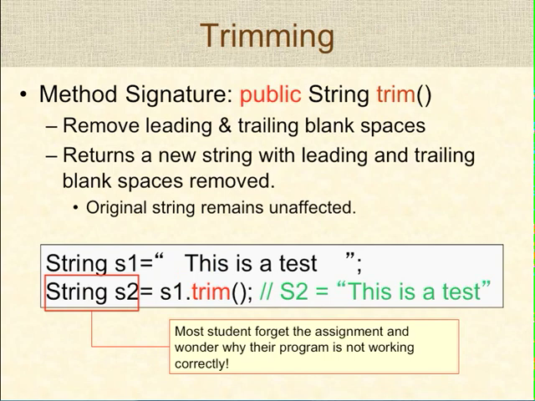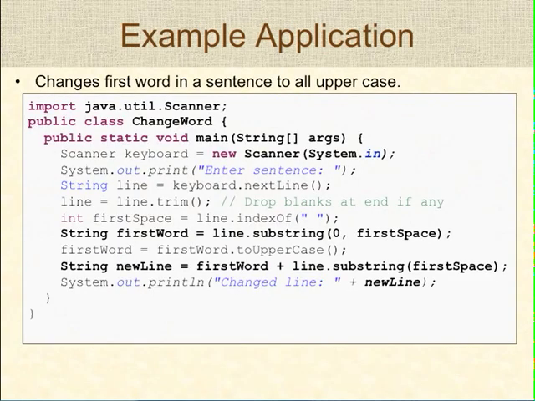We can also trim strings. So trimming a string will essentially take all the leading and trailing white space out of the string. So both spaces and new lines and tabs and so forth. And again, another example. We will go through a similar example in a following podcast.